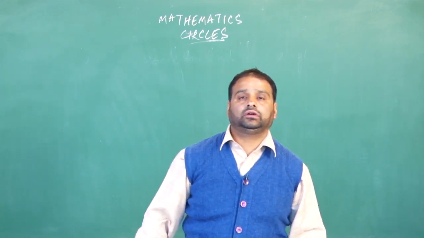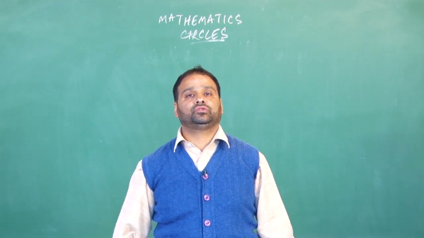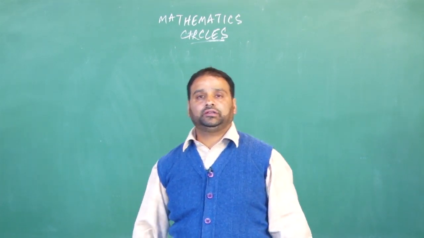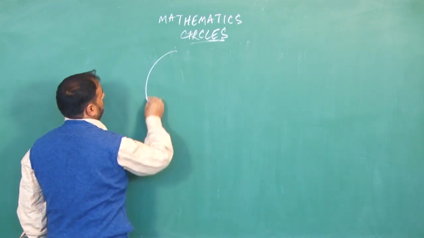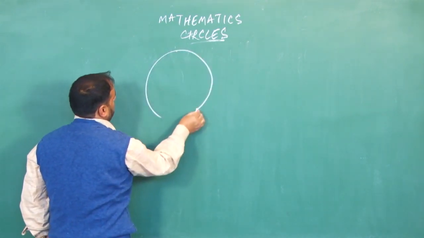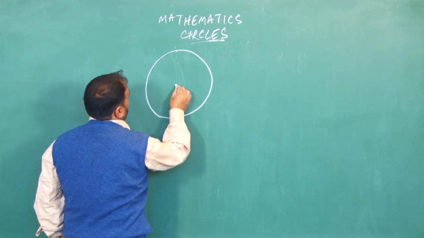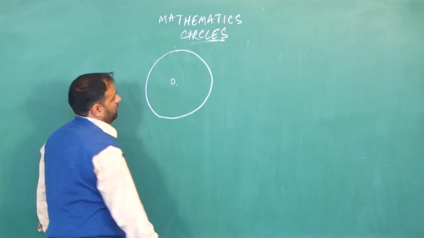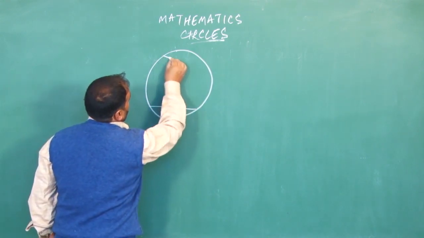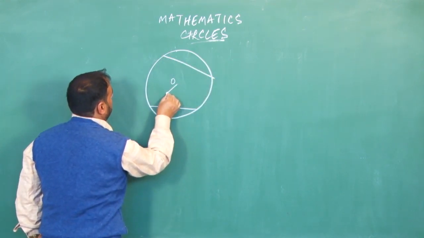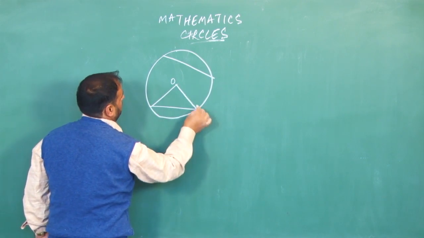Now, the converse for that theorem is also true. It means that if you draw a circle, like we draw a circle with center O and radius R, and if we draw two chords and they subtend equal angles at the center.